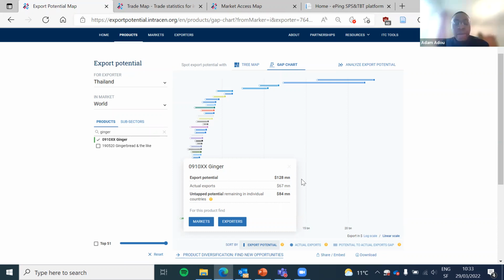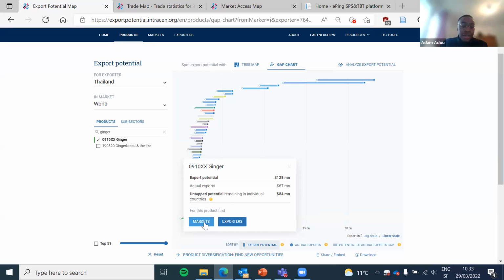So there is an untapped potential of $84 million for ginger to the world. This untapped potential corresponds to the difference between the full potential reachable by Thailand, so the export potential, and the actual export of Thailand. So, the room for improvement.